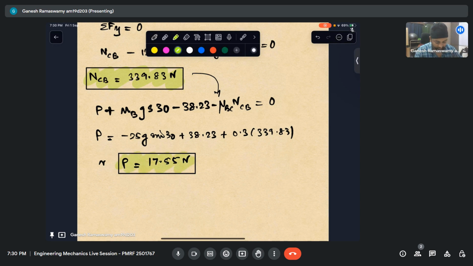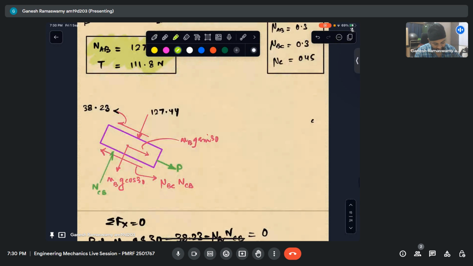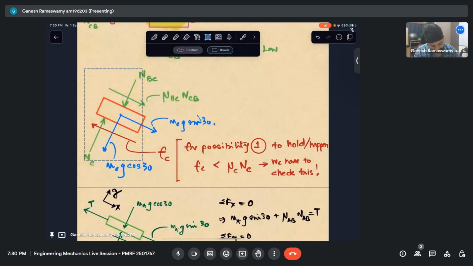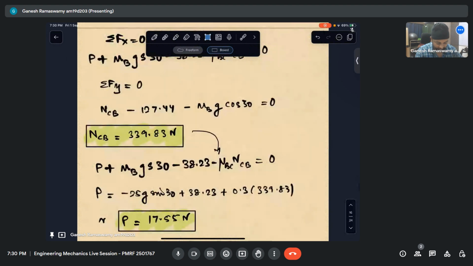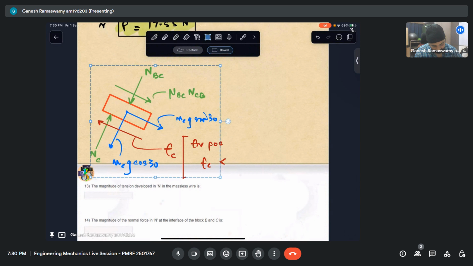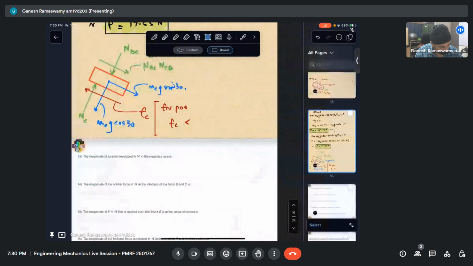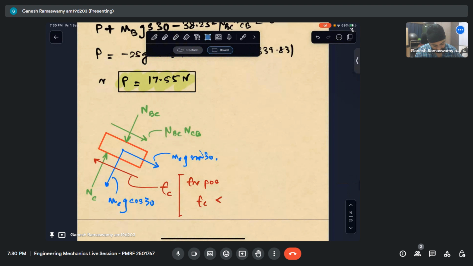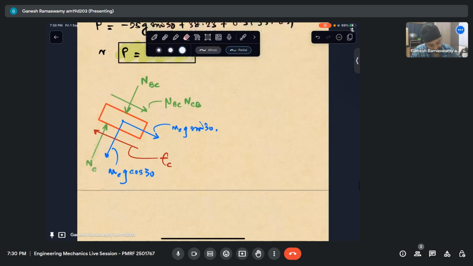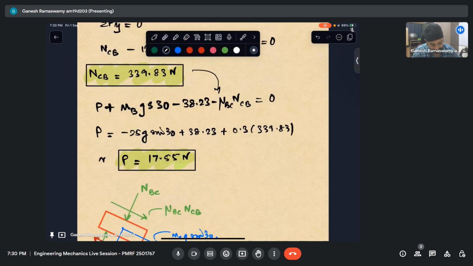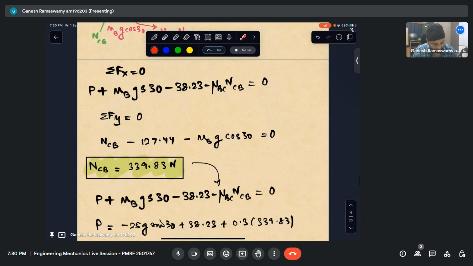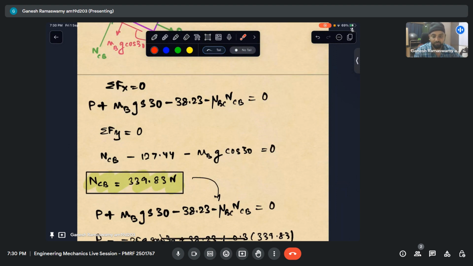Now we just need to take the third free body diagram. Let us take this, copy. Let me put it here and add a page. So from here, I'll remove this. I don't need all that. Mu BC, I can calculate. NCB, I know. So this quantity, naturally, I can calculate. It's just 0.3 times of that. So let me replace whatever I know here.